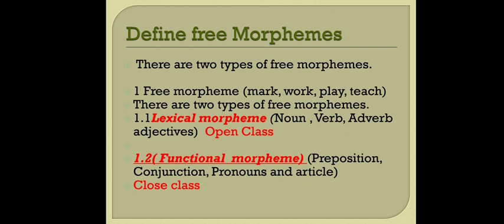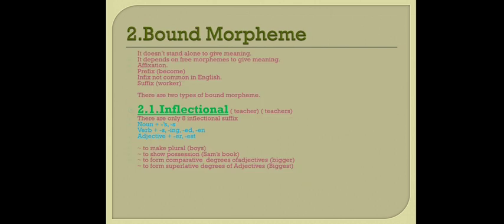Pronoun comes in place of noun, personal pronouns, they all are functional morphemes, and articles. So this class is also known as a closed class. Why closed class? Because you cannot further add any more words to this class. That's why it is a closed class.